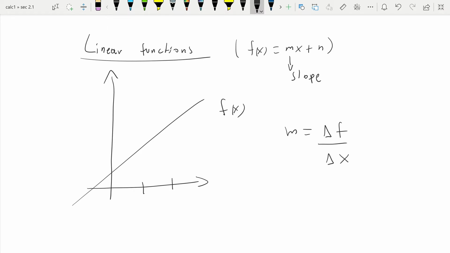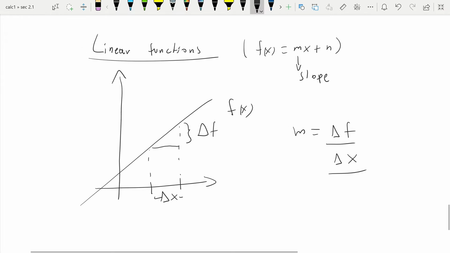So if you pick any given delta x and we look at the change in height of f, this quotient here, delta f over delta x, happens to be a constant, and that's what defines the slope of the linear function.